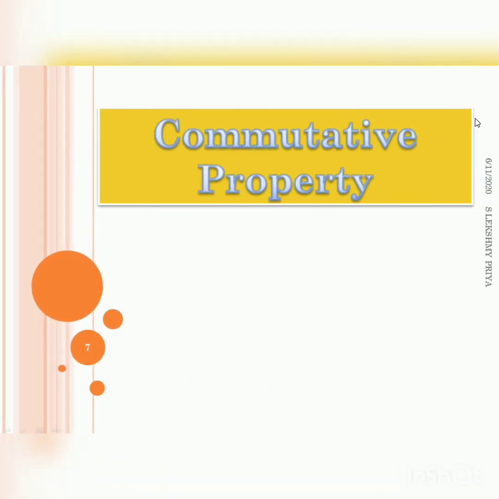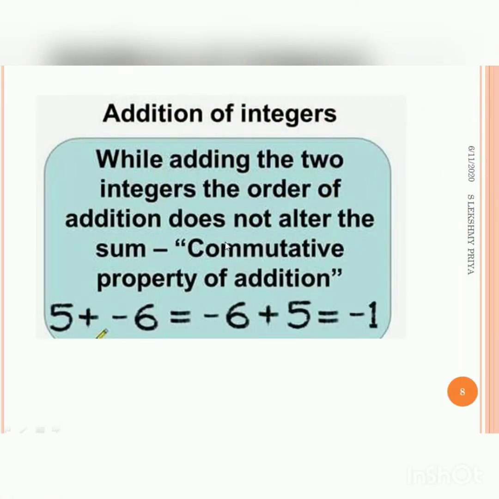The next property is commutative property. Commutative property of addition is when you are adding any two integers, their sum will be the same if we change the order. Here 5 and negative 6.